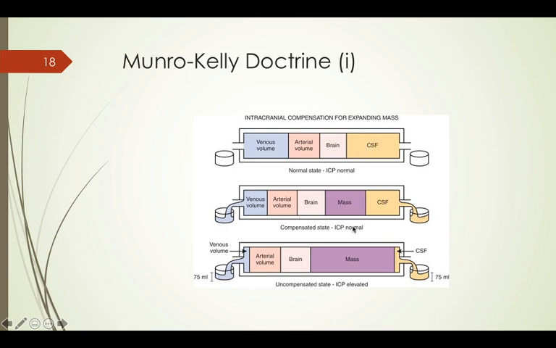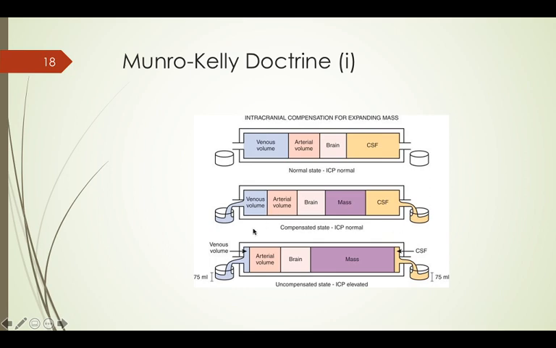So when there's a threat of someone's ICP, intracranial pressure, being increased because of a new inclusion into this box, in this case the mass, which as I said could be abscess, tumour, hematoma, etc., you can compensate for it by a leakage of the venous blood as well as the CSF.